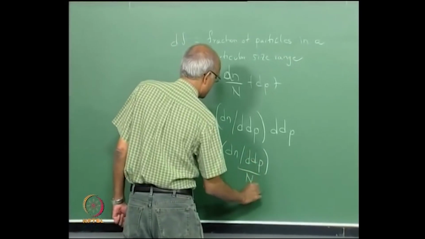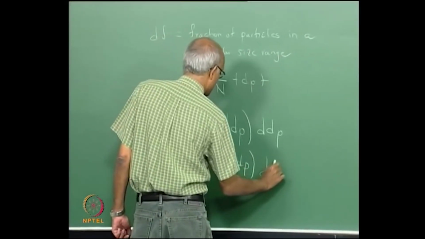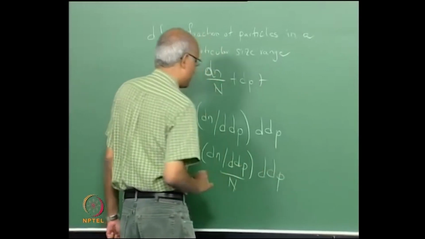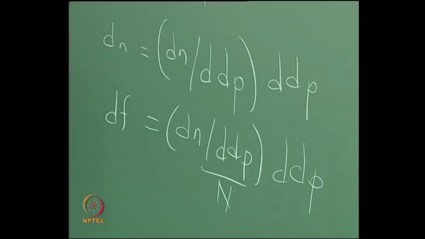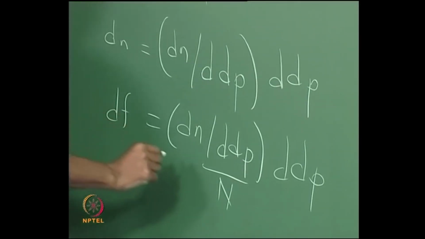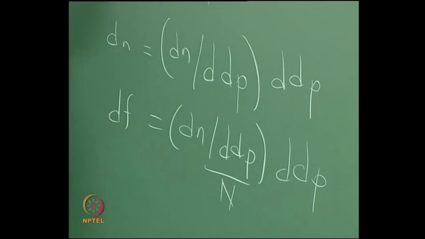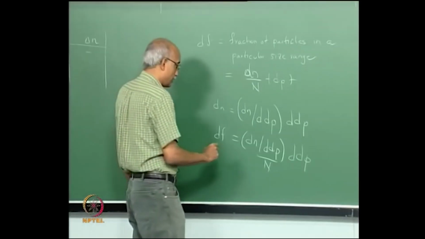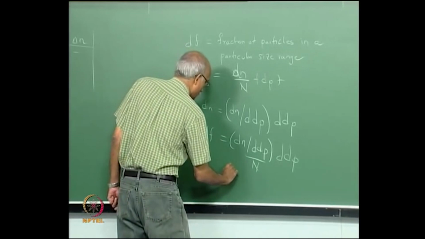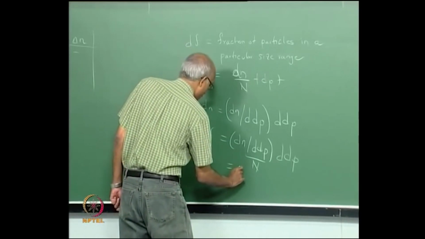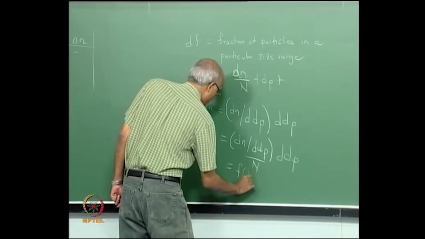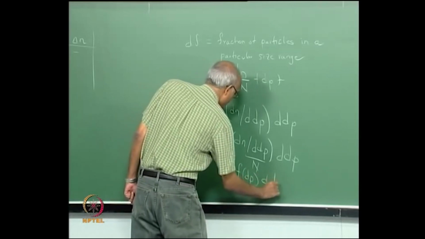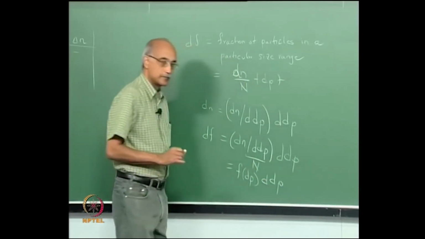over n times ddp, and this parameter dn over ddp divided by n is what we will simply call f of dp times ddp.